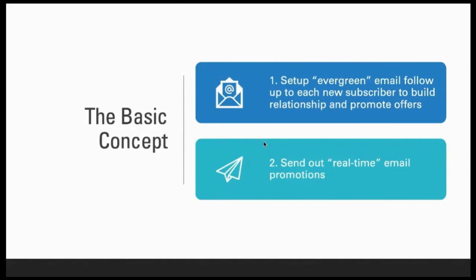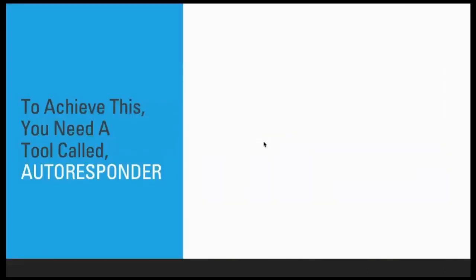Now, to achieve these two, to set up evergreen email follow-ups and also to send out real-time email promotions, you need a tool called an autoresponder. An autoresponder is software that can help you to achieve this and to manage your email subscribers. This is the essential tool that I would say all internet marketers use. All gurus have their own mailing list, their own list of subscribers. That's how they do promotions.